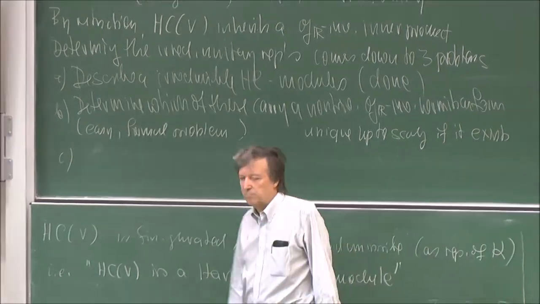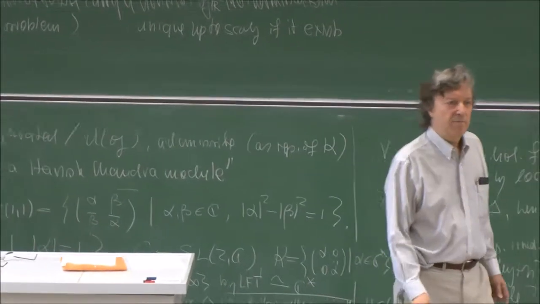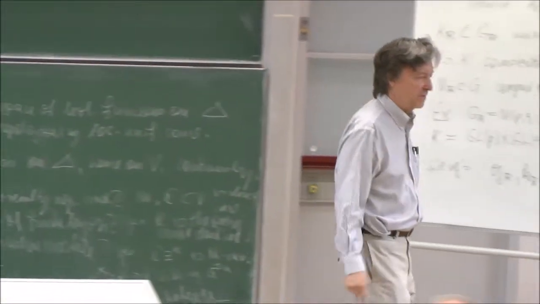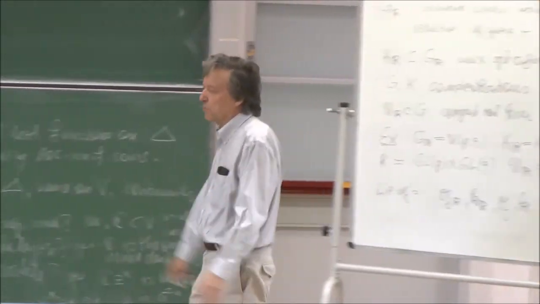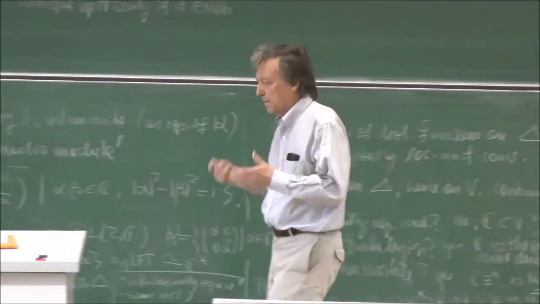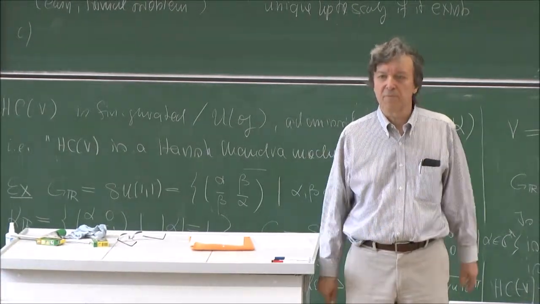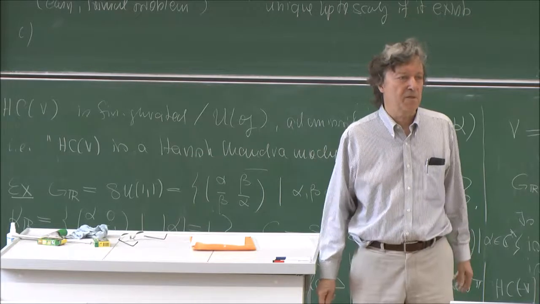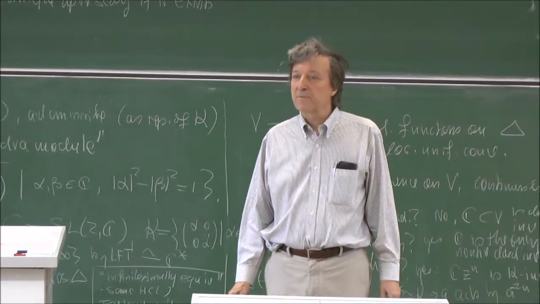That is some form of Schur's lemma. When you have finite dimensional representations, and when they're irreducible, then an invariant product, if it exists, is unique up to scaling. You prove this by Schur's lemma. Schur's lemma is a statement about finite dimensional representations.